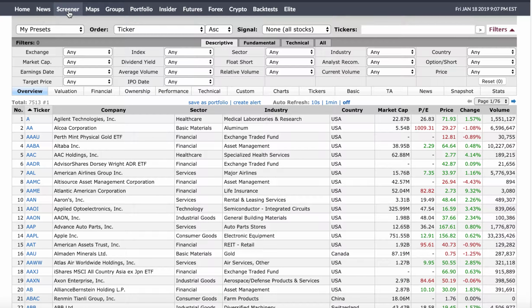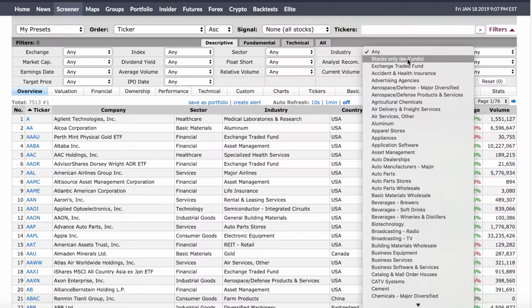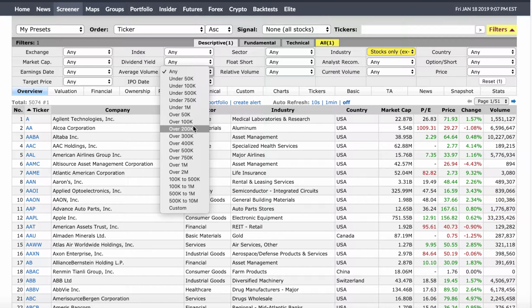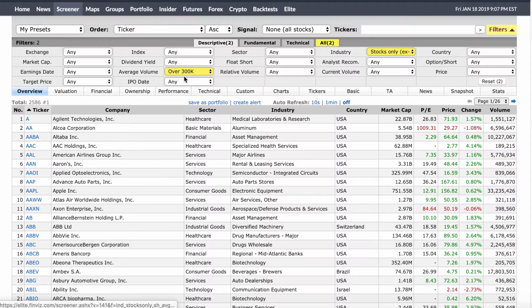So we'll go to the screener tab here on finviz.com. We want to find stocks only, because that's what we want to trade. Now, depending on your volume, for me, I usually like to trade stocks with over 300,000 shares traded.